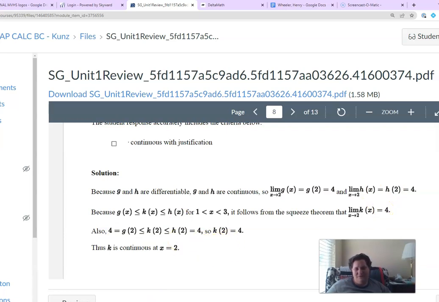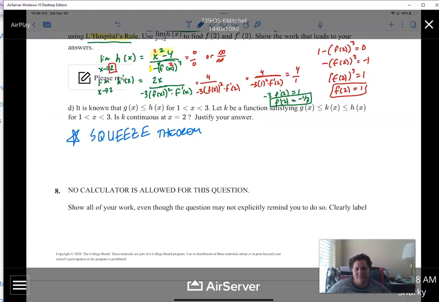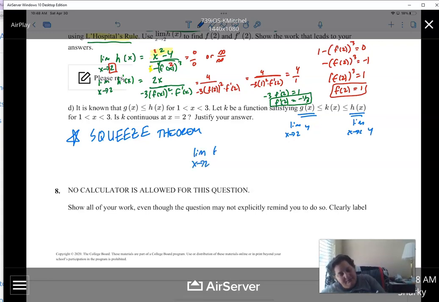All right. So it's basically saying, let's see if I can state this for you in a different way here. It's basically saying if that one has a limit of 4, and that one has a limit of 4, then K has to have a limit of 4.